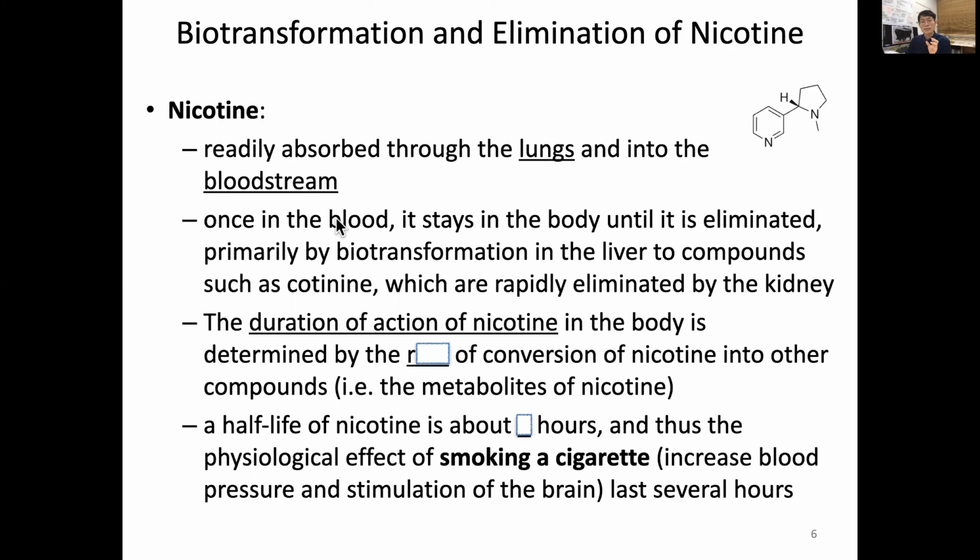Once inside the blood, it stays in the body until it's eliminated, primarily by biotransformation in the liver, to compounds such as cotinine, which are rapidly eliminated by the kidney. So the duration of the action of nicotine in the body is determined by the rate of conversion of nicotine into other compounds, the metabolites of nicotine.